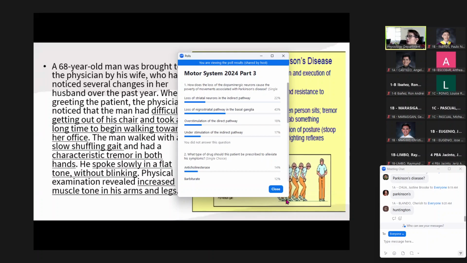Ang tawag dito, shuffling gait. So the patient has a bradykinesia. The poverty of movement that we mentioned in the first question. Yun, bradykinesia. Slowness in initiation and execution of movements.